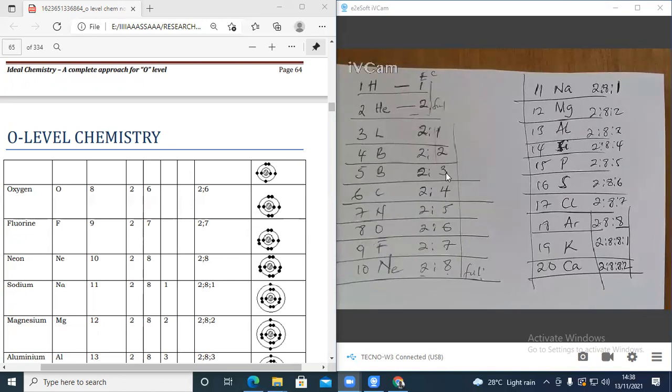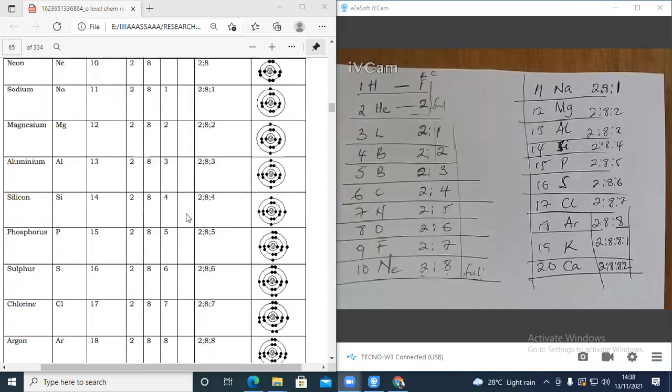The table is there. Somebody can take a screenshot, then you write later on. So that is the table of electronic configuration.